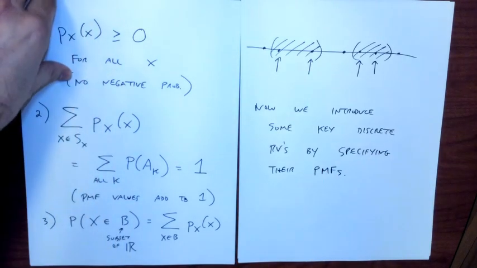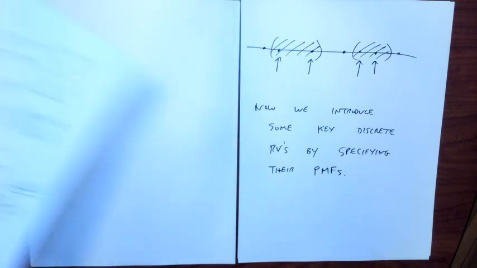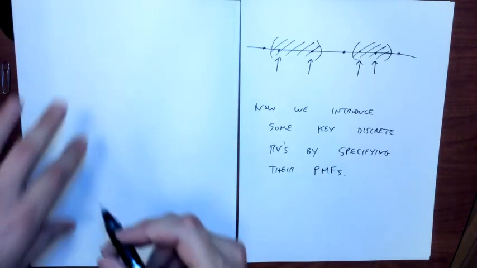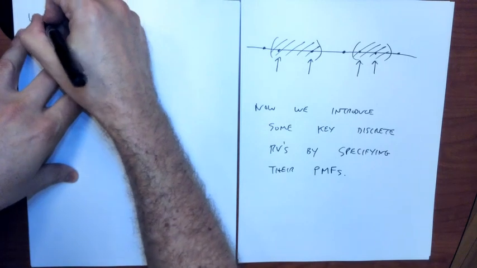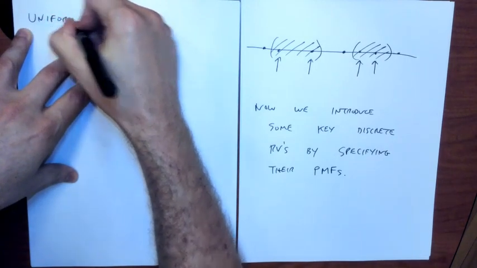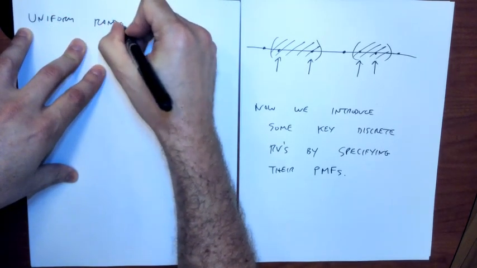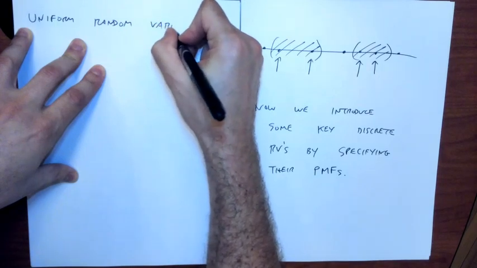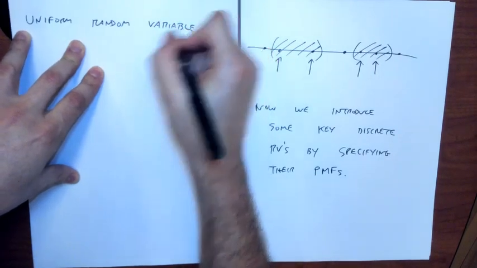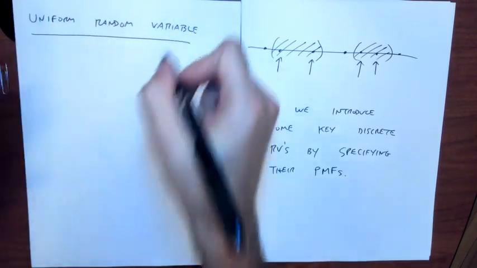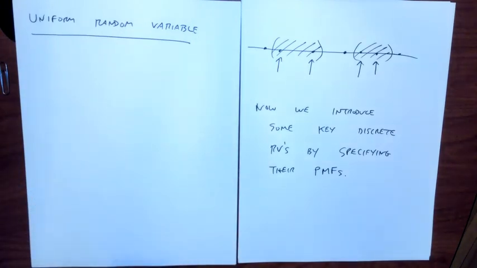The simplest one is the uniform random variable. This is the one that you're probably most used to.